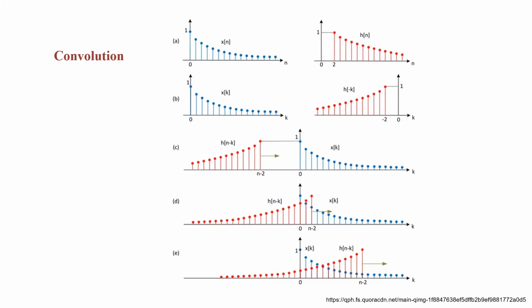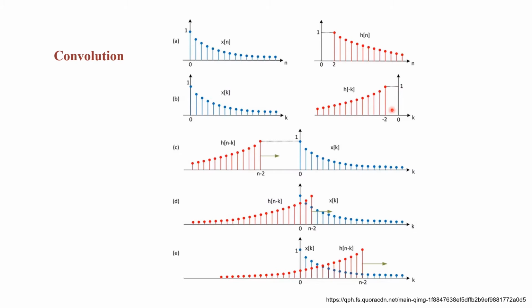We can implement convolution or understand it through an example. Here we have a signal named x and a signal named h. The way it works is that we keep x as it is and we flip h by obtaining h of minus k.